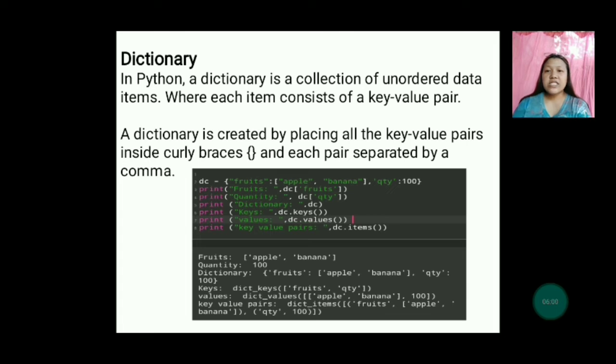Dictionary, fruits, apple, banana, quantity 100. The keys are dictionary keys, fruit, quantity. Values are dictionary, apple, banana, 100. Key value pairs, dictionary items, fruits, apple, banana, and the quantity is 100.